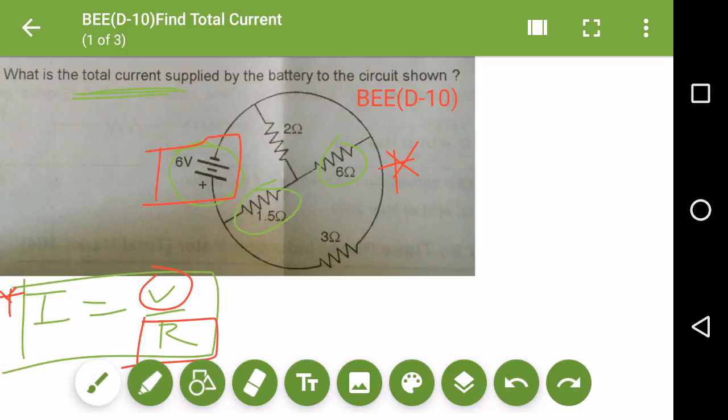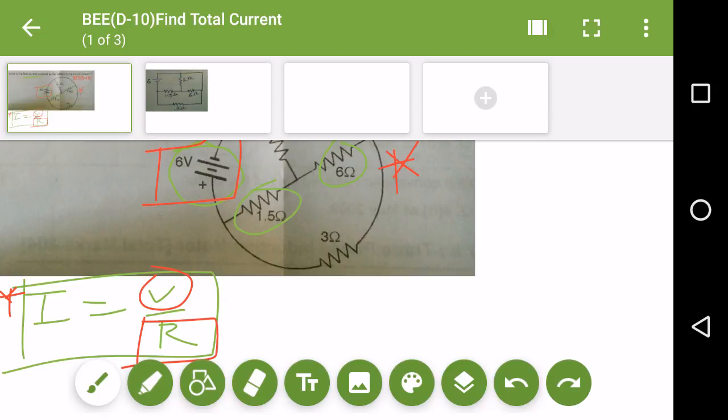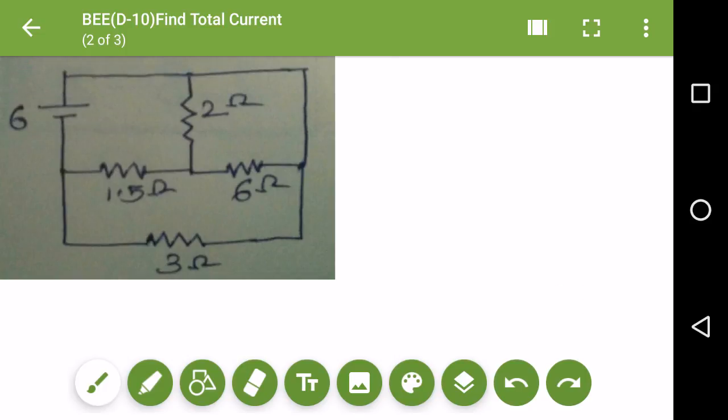We will first redraw our circuit, which is given in a fancy, circular way, and this is how our circuit will look. Please note that this is a negative which I mistakenly drew. Let me correct my mistake. That is positive and that is negative. So this is the negative part and this is the positive part of the battery.